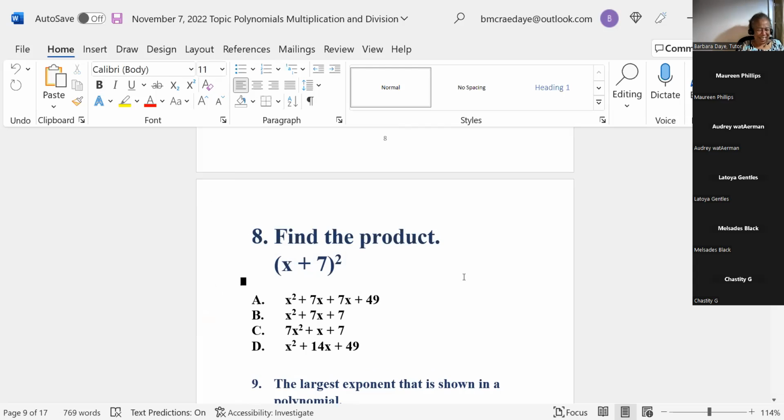Adding is sum, subtraction is difference, multiplication is product, and division is what? Quotient. That's right.